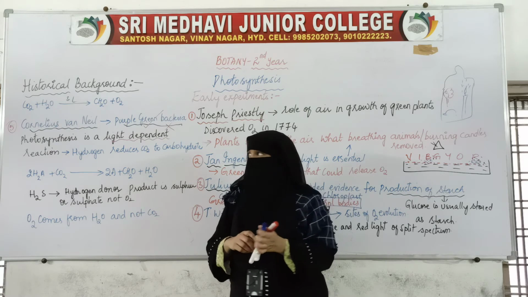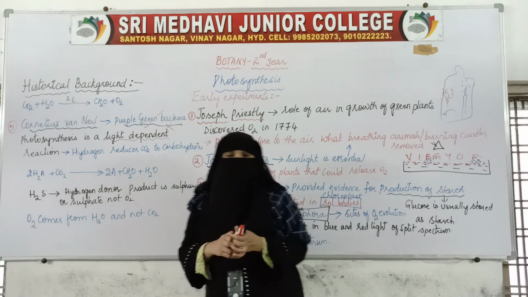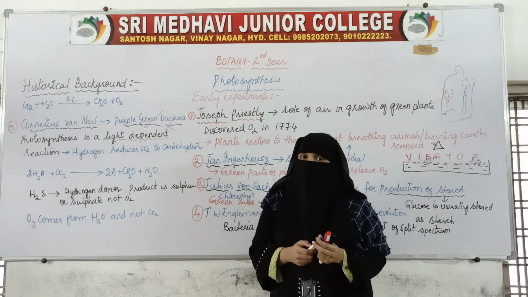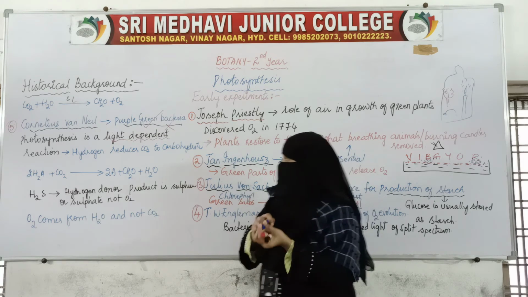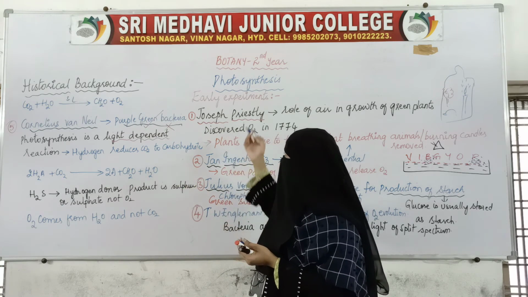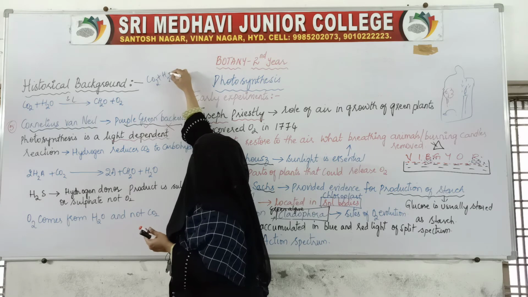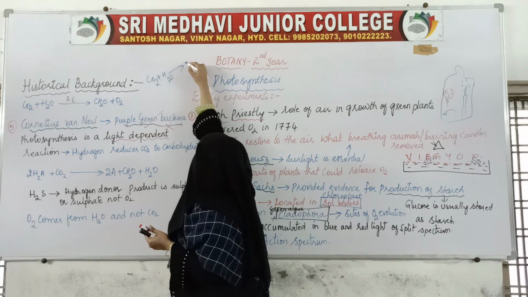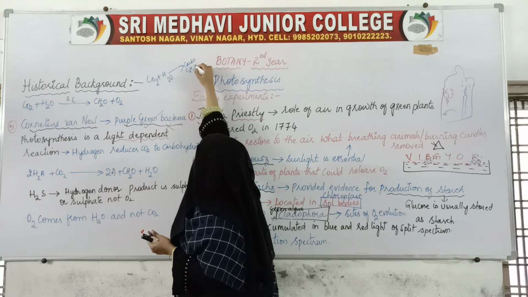For example, carbon dioxide is utilized by the plants to perform photosynthesis and produce carbohydrate. If we write this equation, carbon dioxide plus water gives carbohydrates, that is C6H12O6.